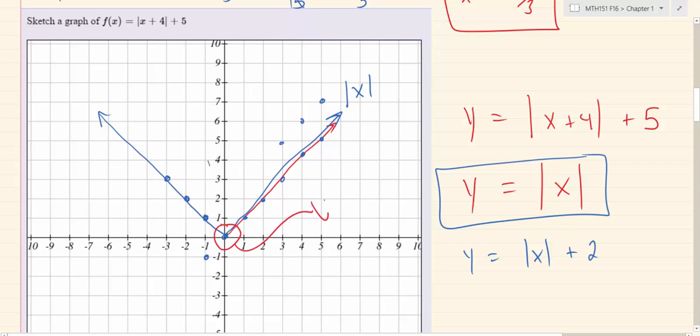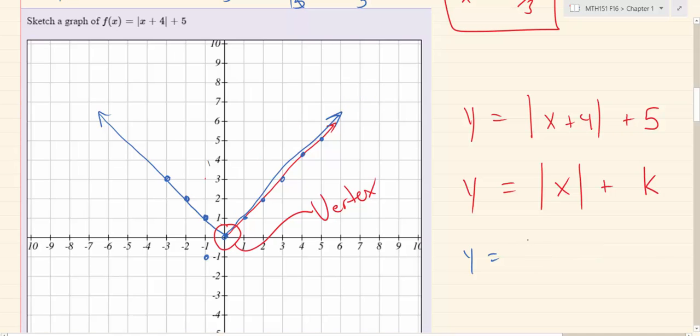This is called the vertex. Parabolas have vertexes too. Vertex is kind of a generic term for a local minimum or a local maximum. So the vertex gets shifted up 2 units. When we add or subtract a number exterior to the absolute value, it shifts it vertically, up and down. We could call that k, because it's a vertical shift.